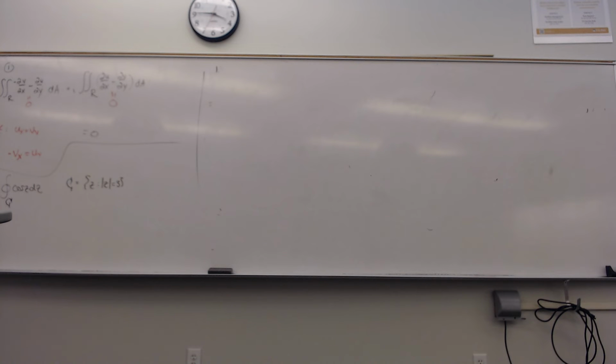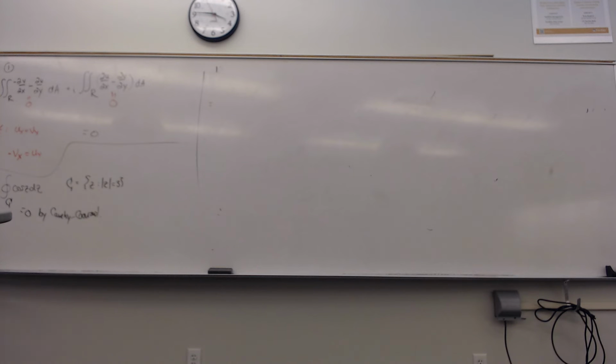Okay, you guys ready? This is going to be a heavy computation. Cosine of z is analytic everywhere, and since C is a simple closed curve, the Cauchy-Goursat theorem applies, and so this is equal to 0. The end. These are the kind of examples you live for.